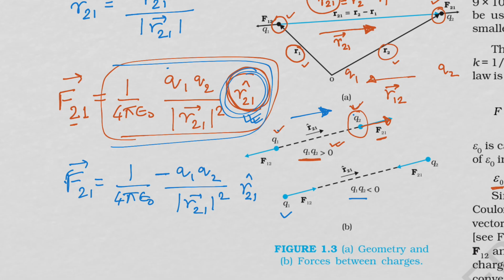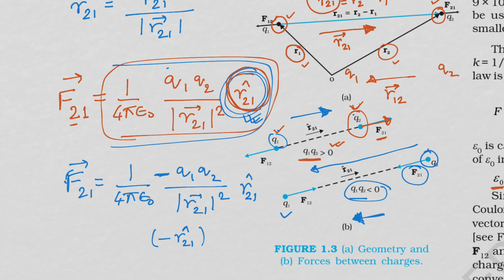But just remember, because of this negative sign, our vector will become minus r21. That is, not from q1 to q2, but from q2 to q1, in the opposite direction. So the force will be opposite of what we have seen before, from q2 towards q1. That's why this F21 for unlike charges, where the product q1 q2 is less than 0, will be from q2 to q1.